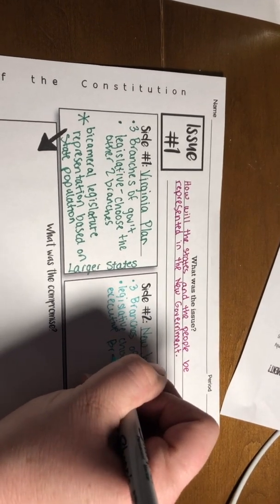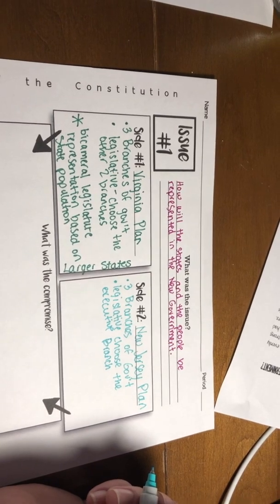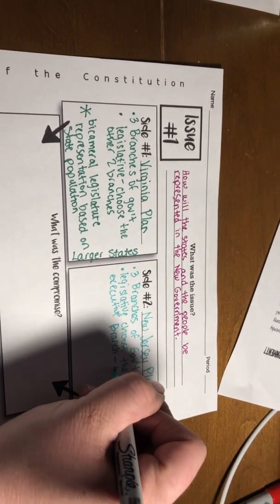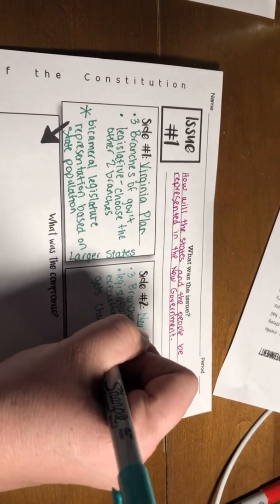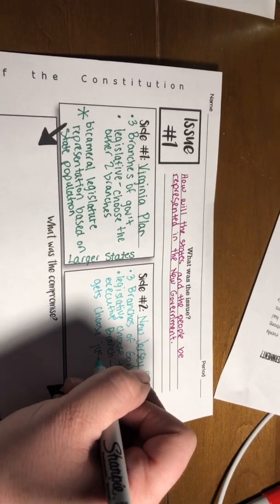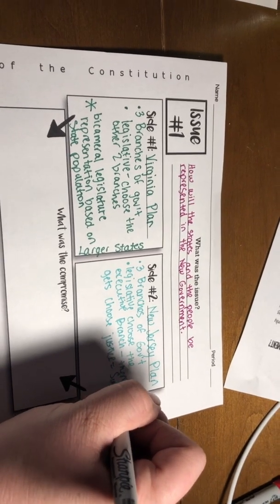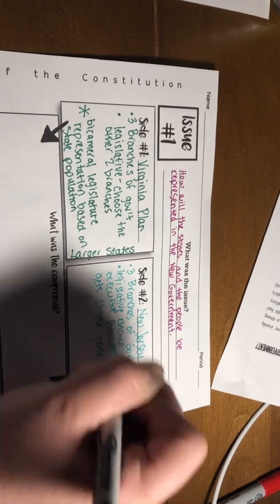But then rather than the legislative getting to pick the judicial branch also, instead the executive branch then gets to choose justices, which equals the Supreme Court. And that would be our judicial branch, Supreme Court.